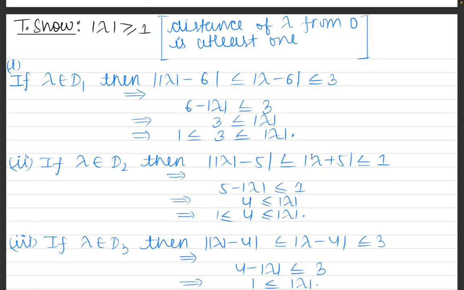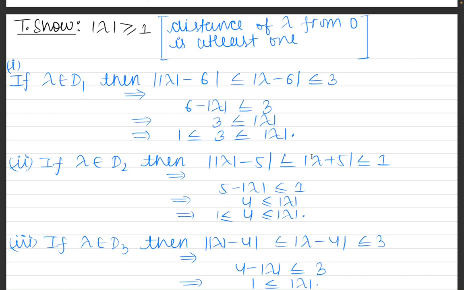Now what does it imply? It implies 5 minus mod lambda is at most 3, so 2 is greater than or equal to mod lambda. Hence, because 1 is always less than or equal to 2, we have this.